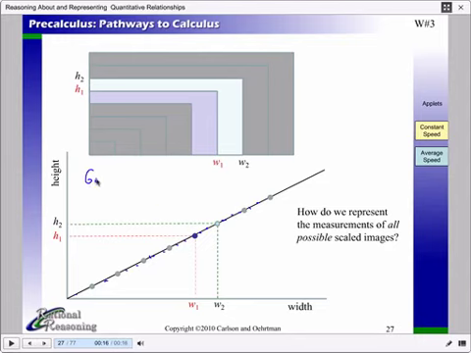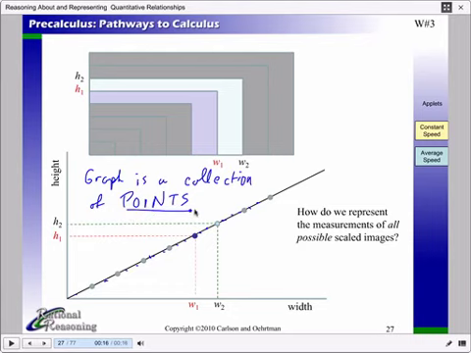So a graph, this is really important. It's not a stick, it's not a wire, it's a set of points. Each point has meaning. In this case, each point represents what? A photo. The information about a photo, both the width and the height taken together.